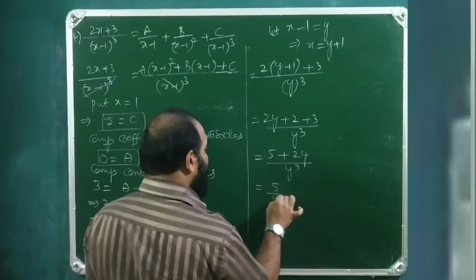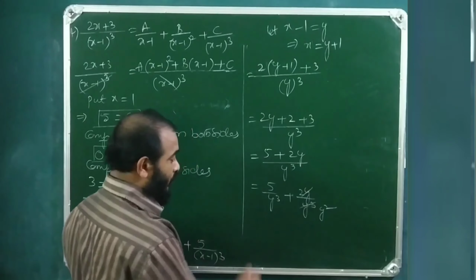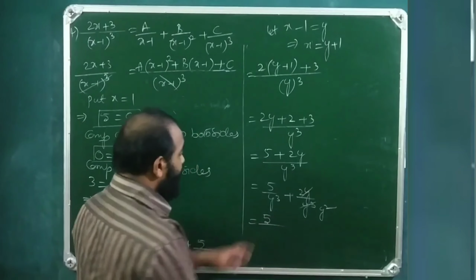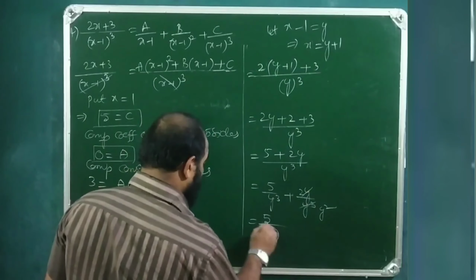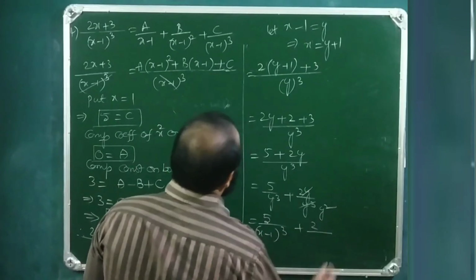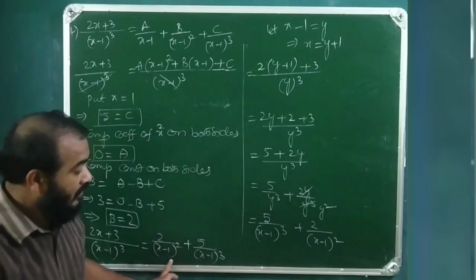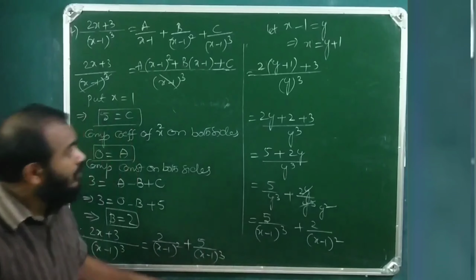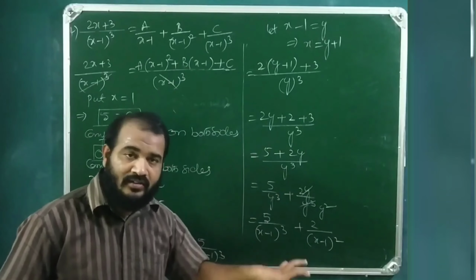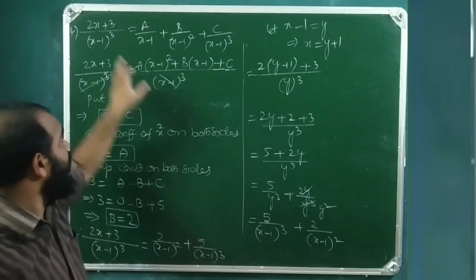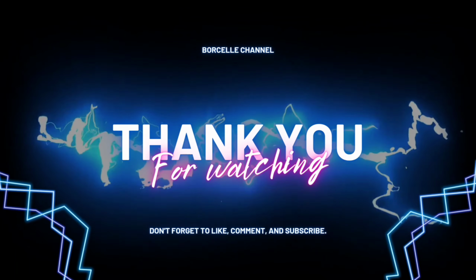So 5 by y cube plus 2y by y cube, 2 by y square. So 5 by, replace y by x minus 1, so x minus 1 whole cube, plus 2 by x minus 1 whole square. So you can compare this also. So this is the alternative method, and this method is particularly useful when the denominator contains only the repeated linear factor.